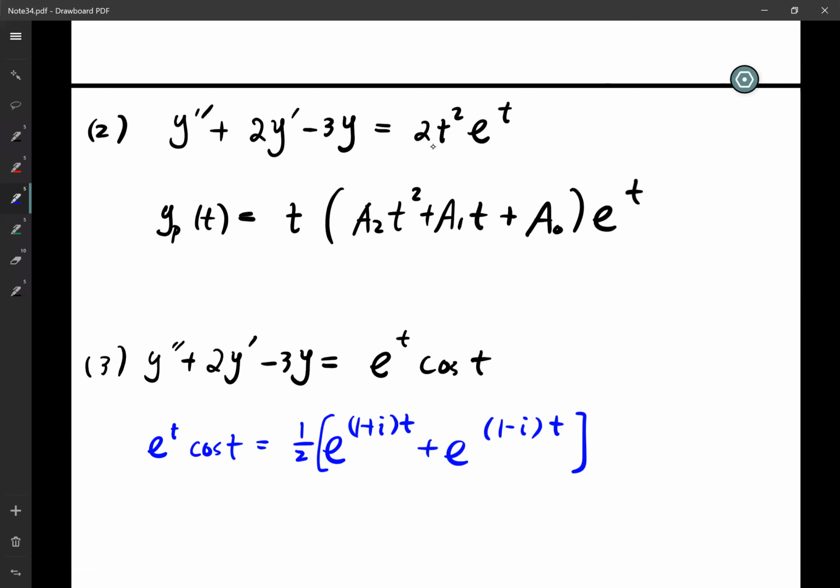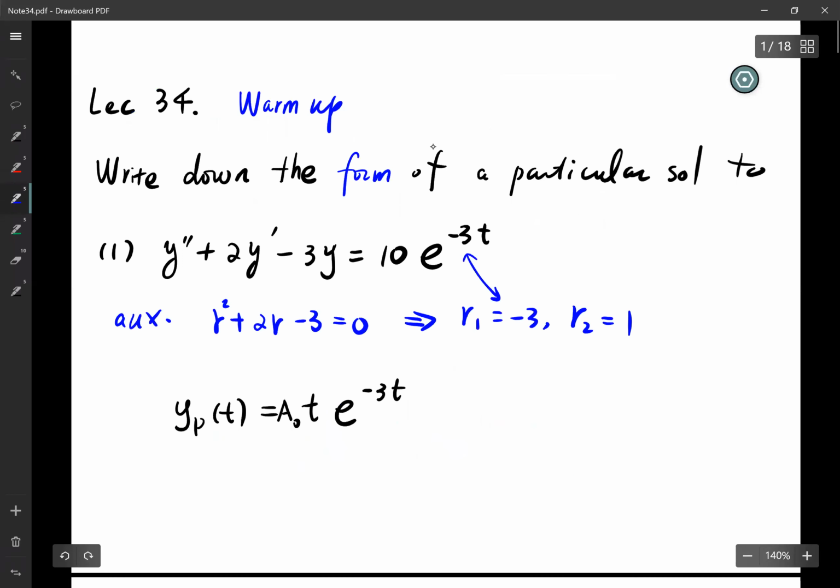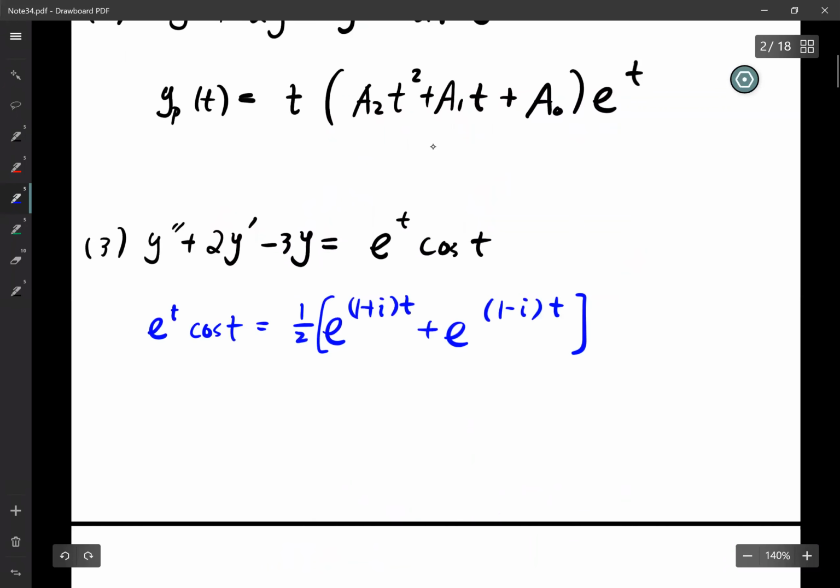Either 1 plus i or 1 minus i does not agree with minus 3 or 1, so we know that 1 plus or minus i is not a root.